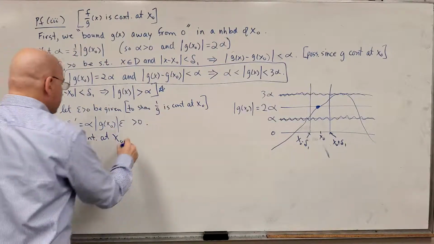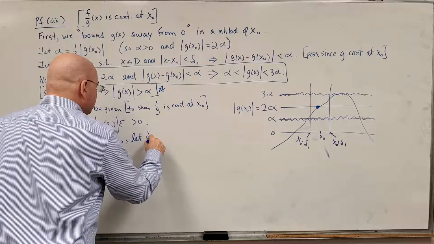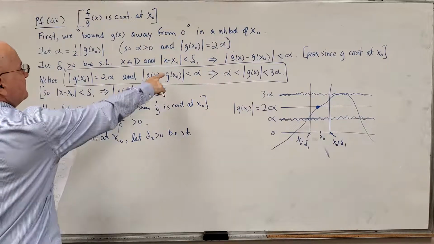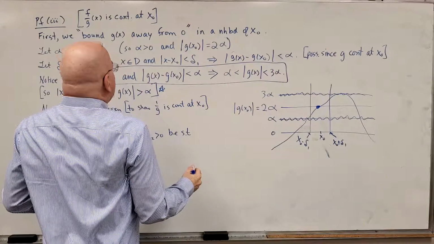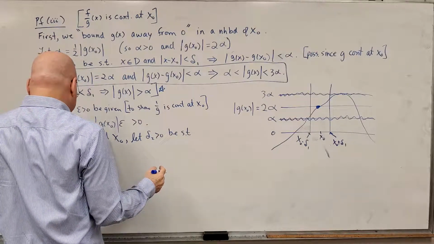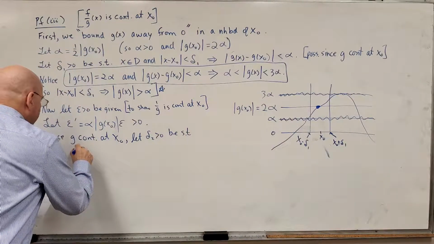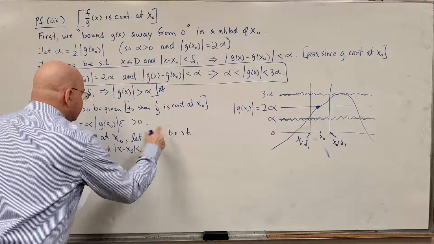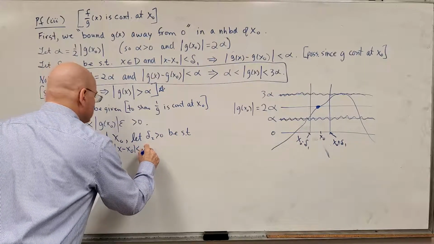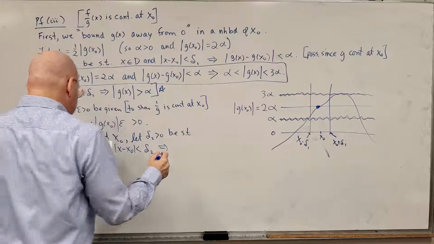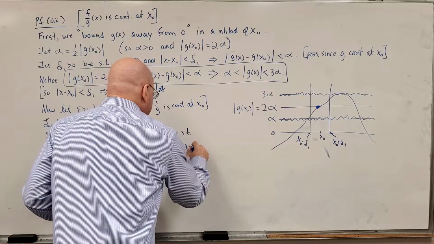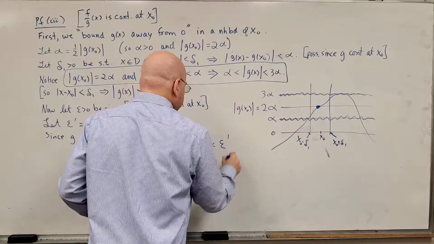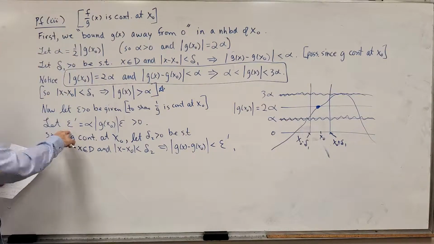Since g is continuous at x naught, let delta 2 greater than 0 be such that, I'm using a different delta now instead of delta 1, x in the domain and the absolute value of x minus x naught less than delta 2 implies the absolute value of g of x minus g of x naught is less than epsilon prime that we defined right here.